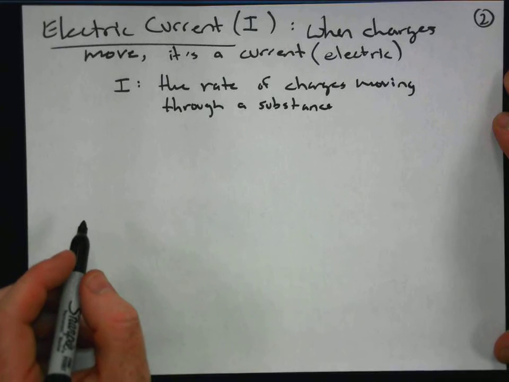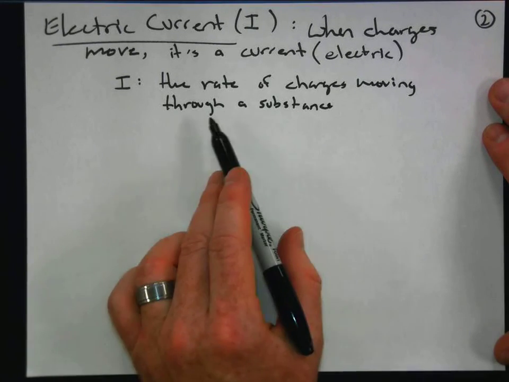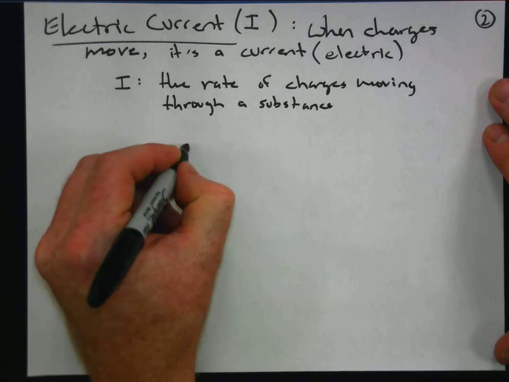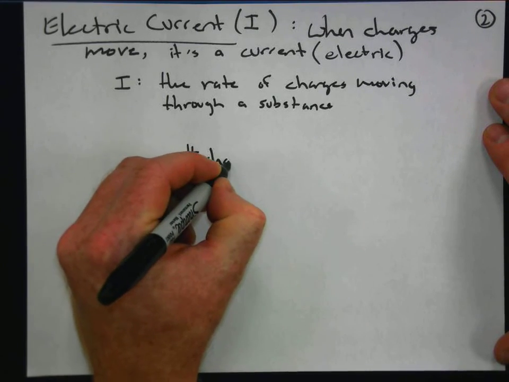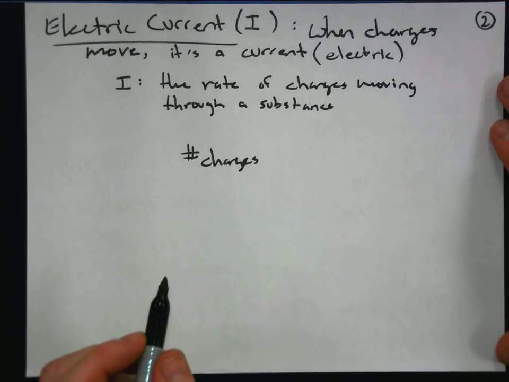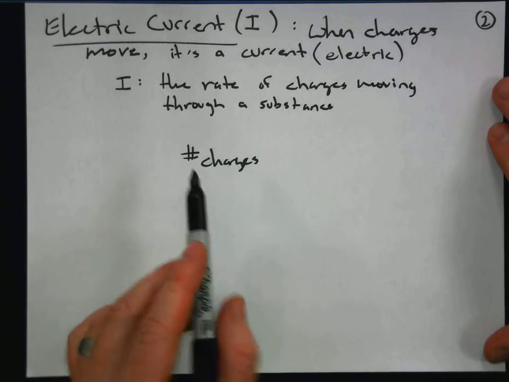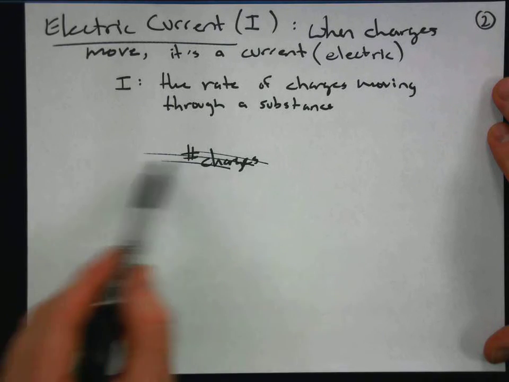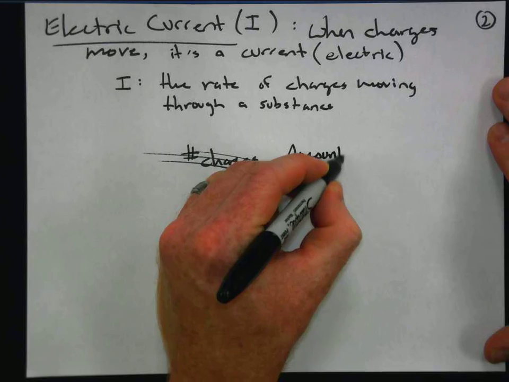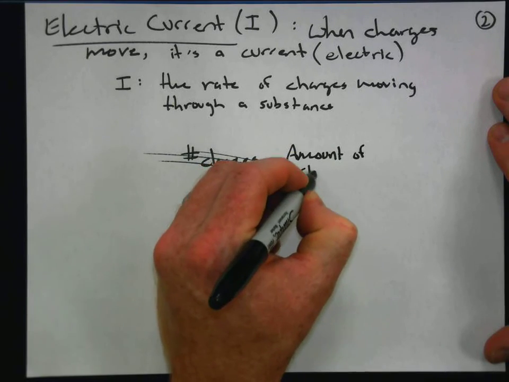We're talking about charges that are moving. We have to look at the number of charges, or alternatively, the amount of charge is really a better way of saying that. So maybe not number of charges. How about amount of charge?